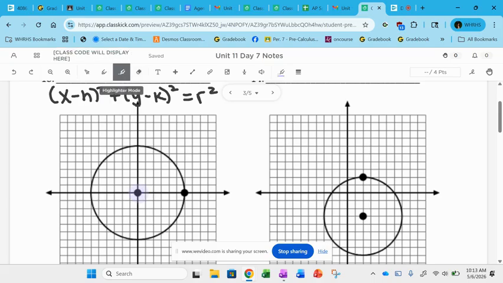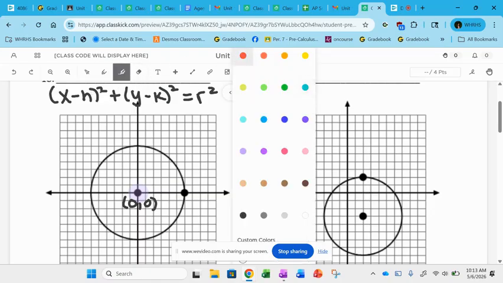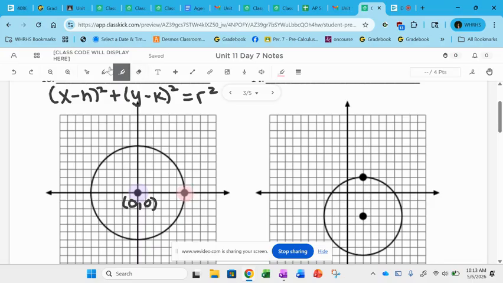Do we agree this point I just highlighted in purple is my center? What coordinate is that? 0, 0. And now my radius is the distance from the center to a point. Well, they gave me this point right here. So I'm just going to count. From the origin to that point, that's 1, 2, 3, 4, 5, 6.